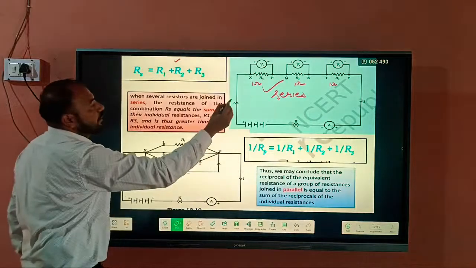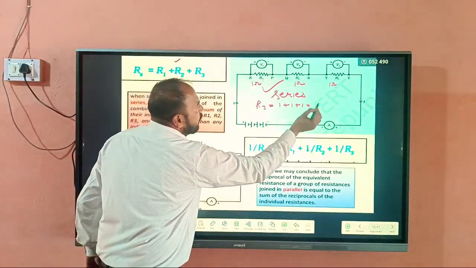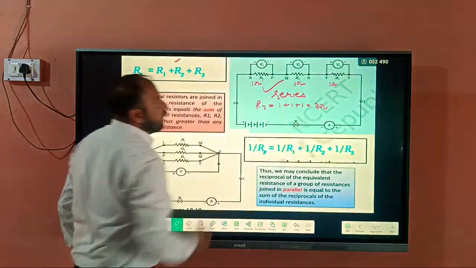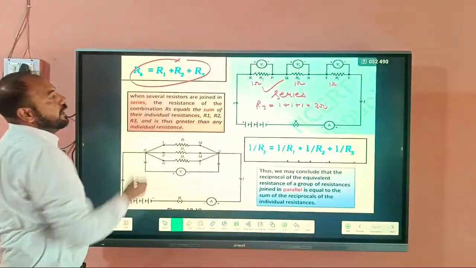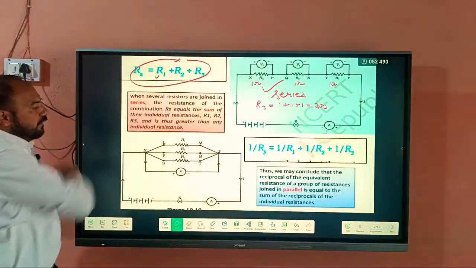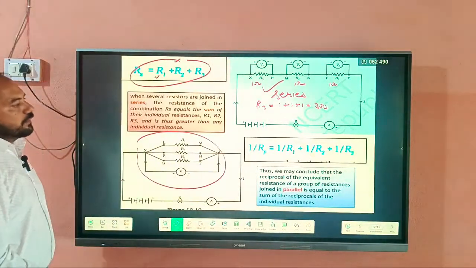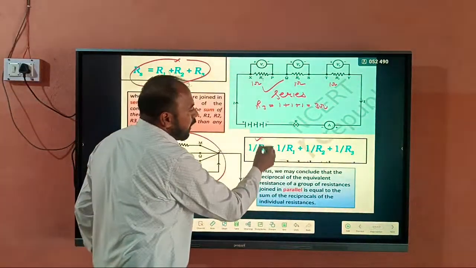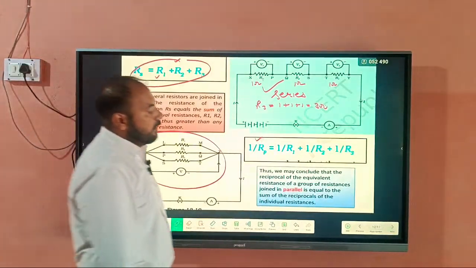So what is the total resistance? Rs is equal to 1 plus 1 plus 1, equal to 3 ohm. We can find the equivalent resistance of any circuit by using this formula. Next, this is resistance connected in parallel. The formula in parallel is 1 by Rp equals 1 by R1 plus 1 by R2 plus 1 by R3.